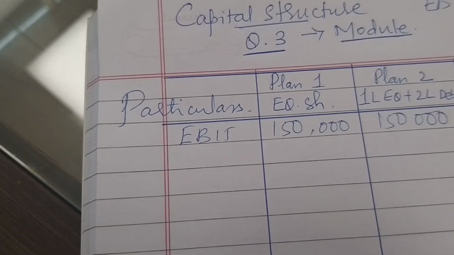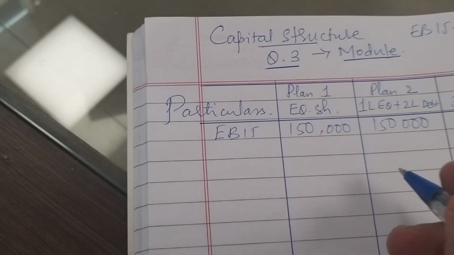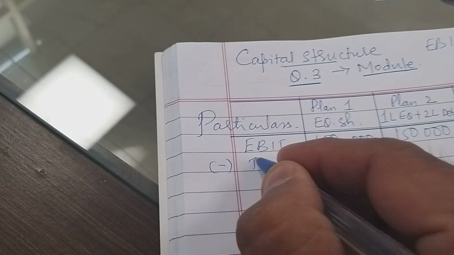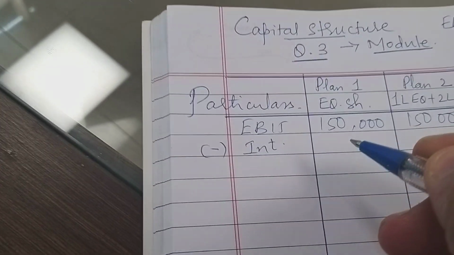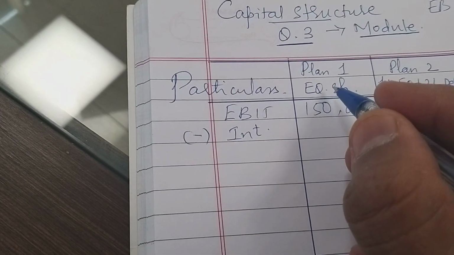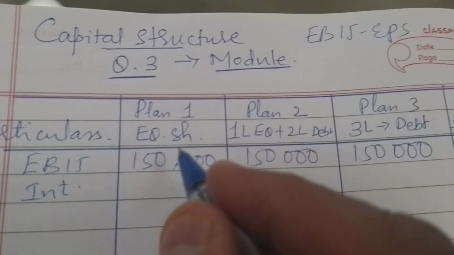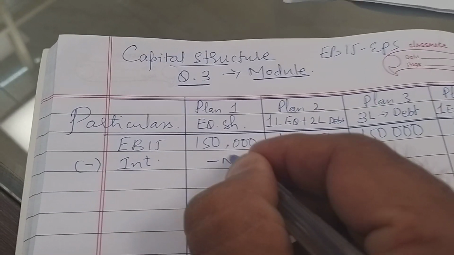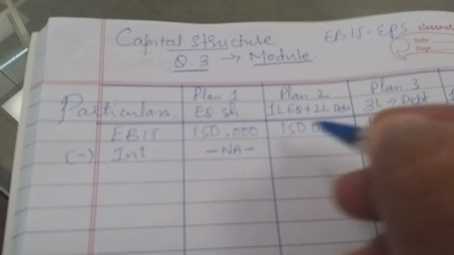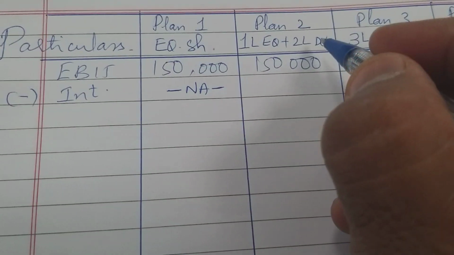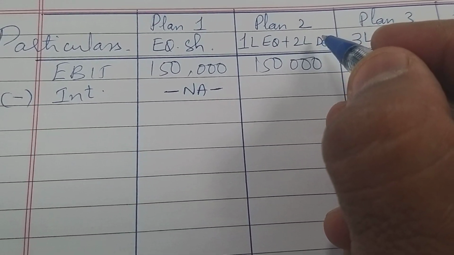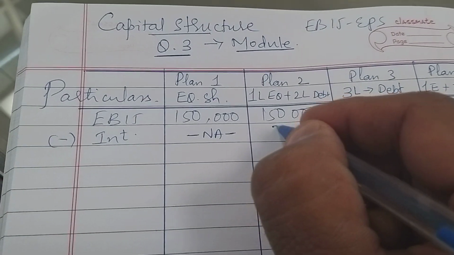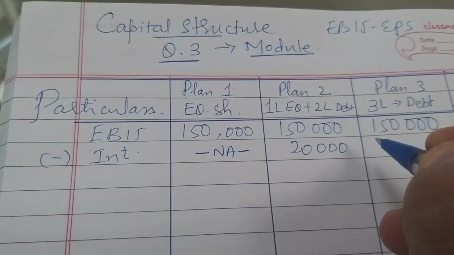So we have the EBIT with us now. From EBIT, we need to first subtract the interest. In plan 1, since we are talking only about equity shares, interest is not applicable. In plan 2, you have 2 lakhs worth of debt at 10%, meaning the interest is 20,000.